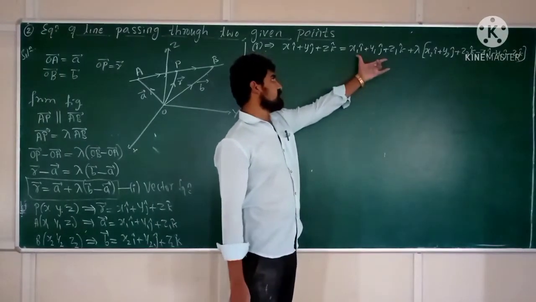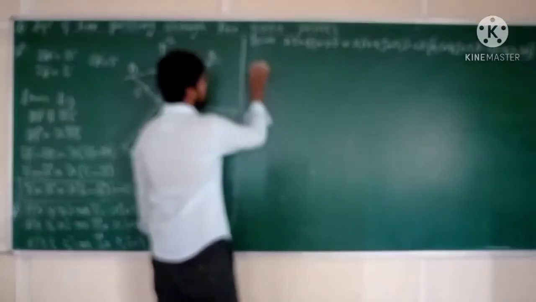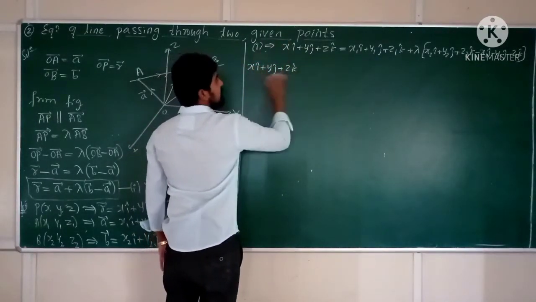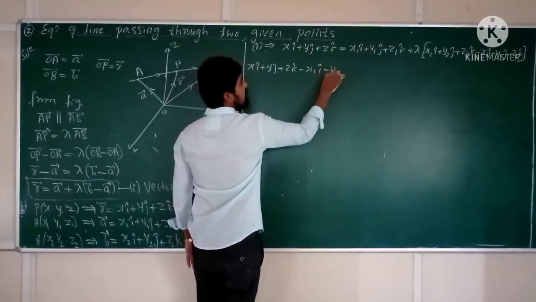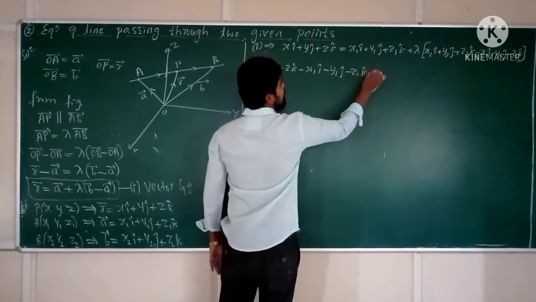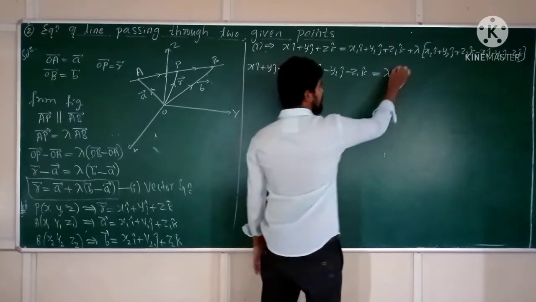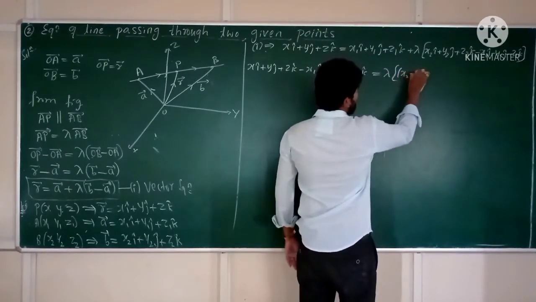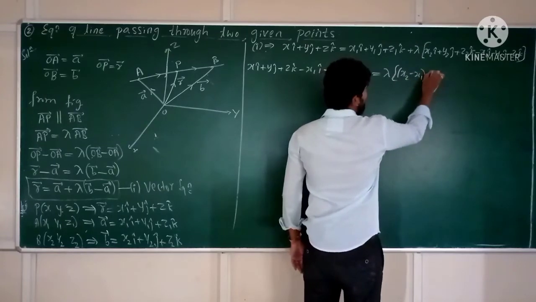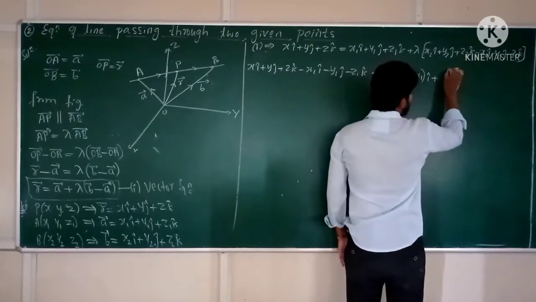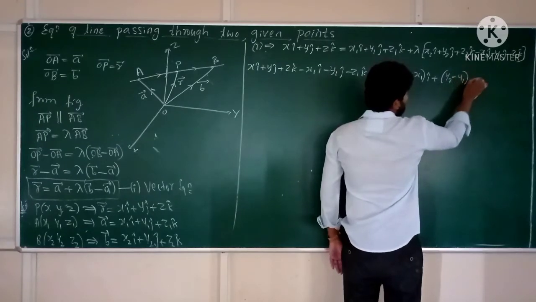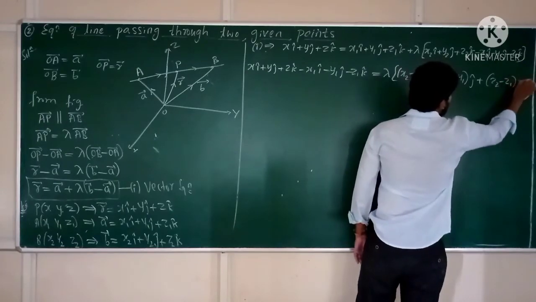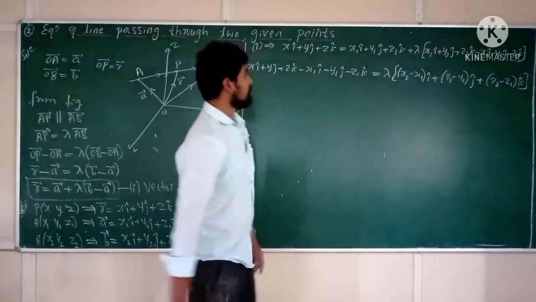Now shift this x1i plus y1j plus z1k towards the left side. It becomes xi plus yj plus zk minus x1i minus y1j minus z1k is equal to lambda times of x2i minus x1i, which can be expressed as x2 minus x1 i plus y2 minus y1 j plus z2 minus z1 k.